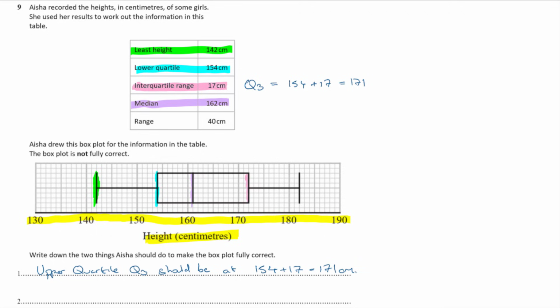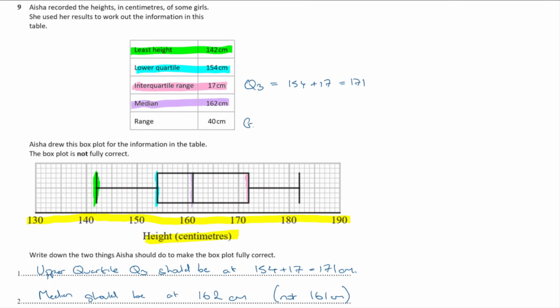So median should be at 162 centimeters and not 161 centimeters as she's drawn it. Okay. Now, what's the last thing she did here? Range is 40 centimeters. Is that correct?